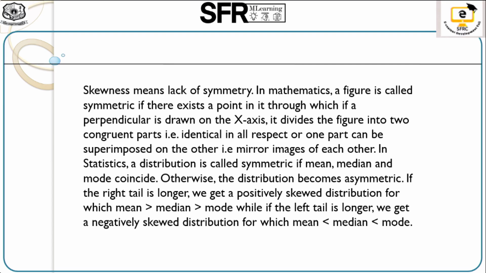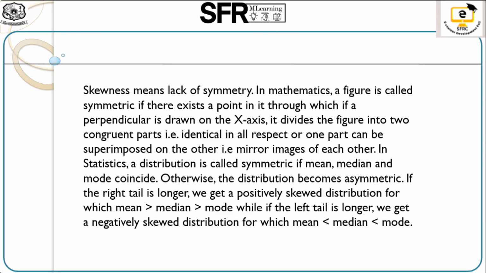In a figure, the curve is called symmetric if there exists a point through which, if a perpendicular is drawn on the x-axis, the figure will be divided into two congruent parts. The first part is identical and the next part is superimposed on the other, that is, a mirror image of the other one.